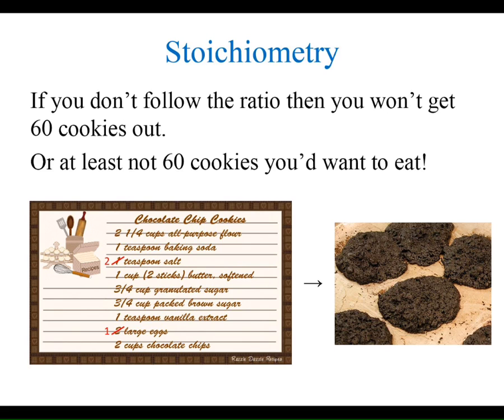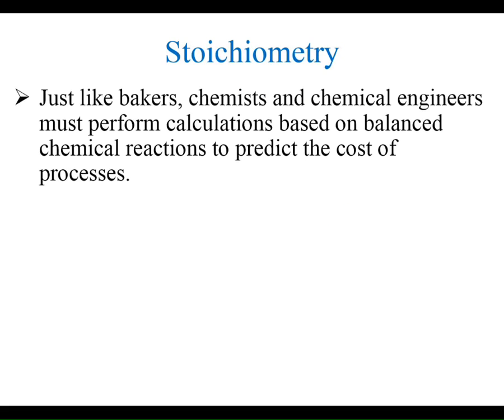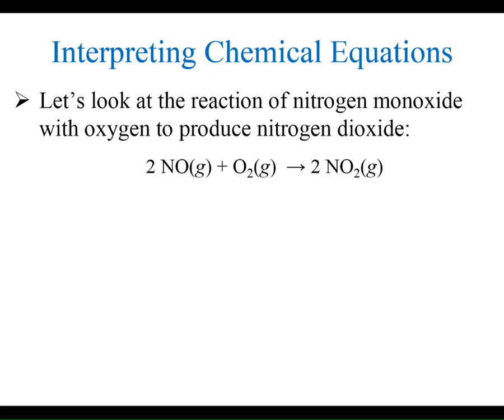It's going to change the ratio of what I get out. So we use this all the time in chemistry, engineering, medicine, things like that, because it helps us predict exactly how much I have to use of the reactants in order to get out exactly so many products. And then we're not wasting extra reactants just guessing. So, for example, let's look at this one. Let's say you're working in a factory.